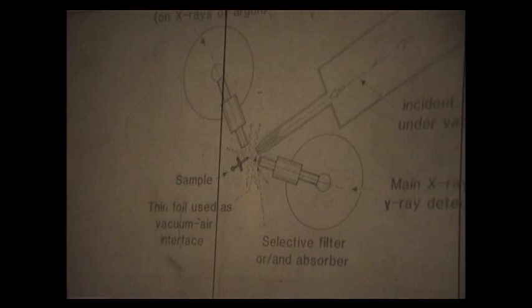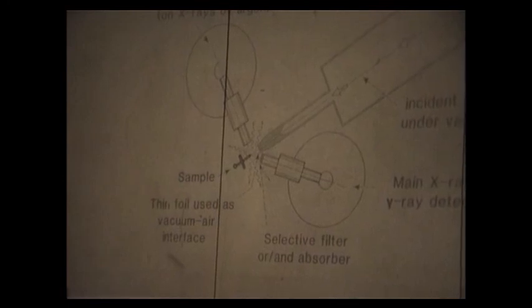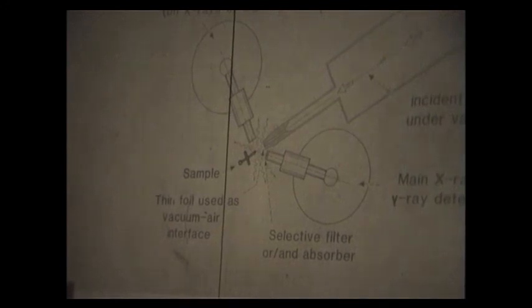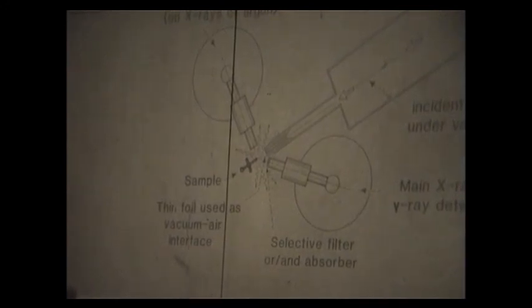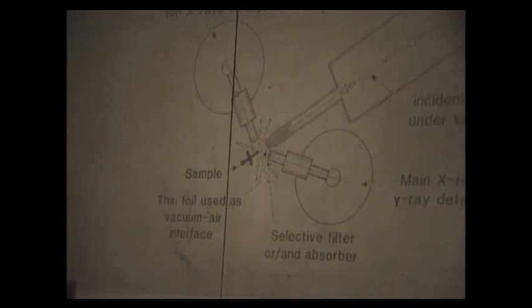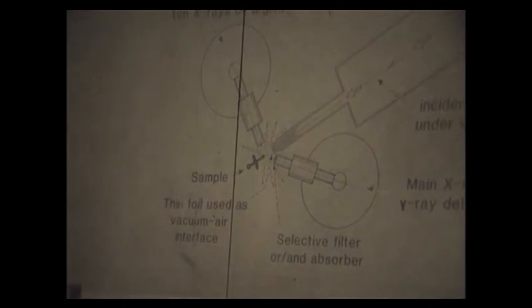In the air you have neon, and when you irradiate neon you produce X-rays of neon. And if you detect the number of X-rays of neon in the second detector, you have a measurement of the intensity of the incident beam.